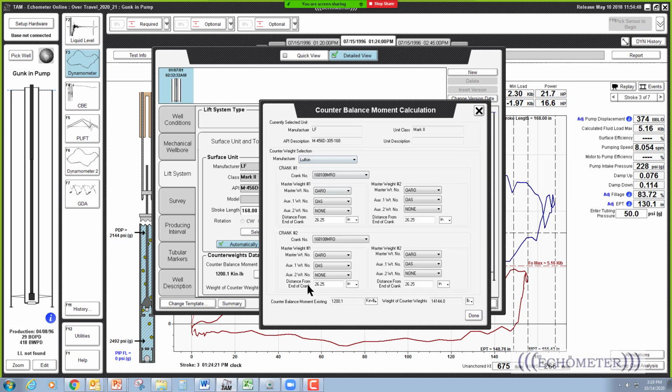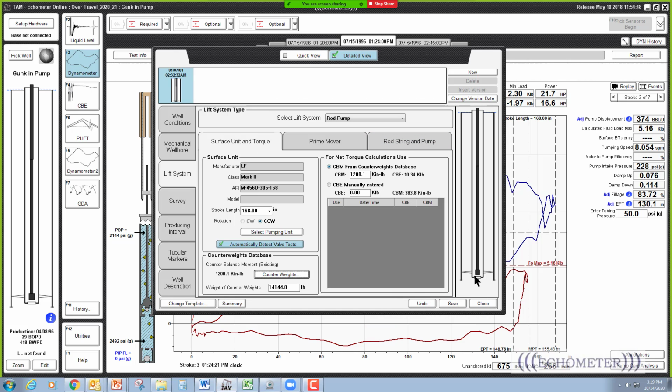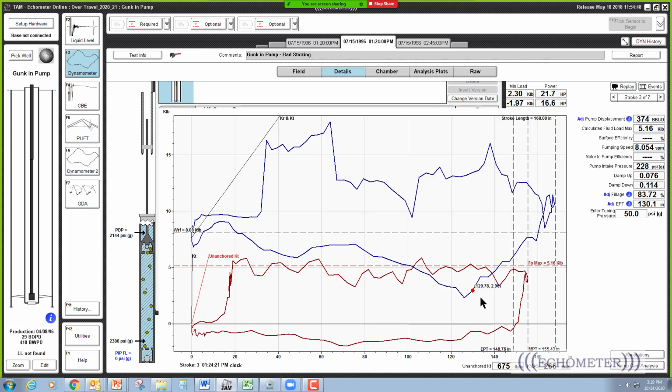This is going to tell us our counterbalance moment. We've got 1,200 K inch-pounds of counterbalance moment based on the cranks and the weights on the cranks. Now if I close this out, I want to say save, but there's nothing to save.